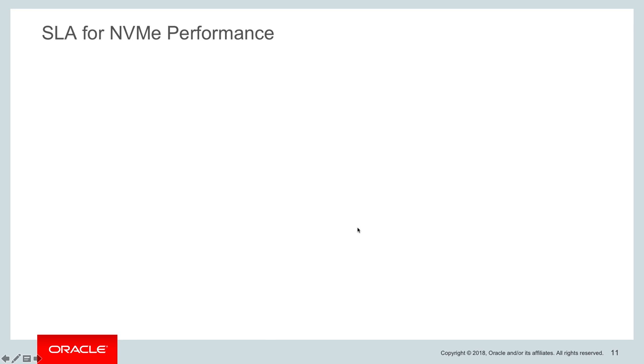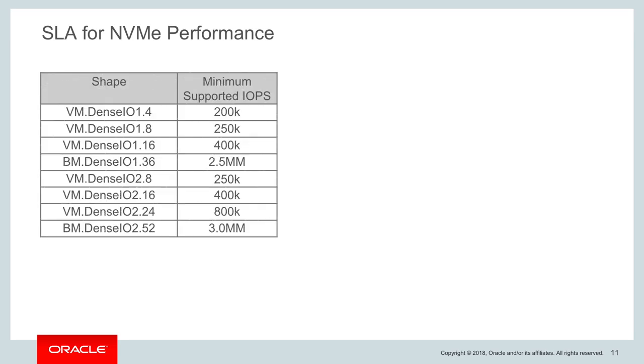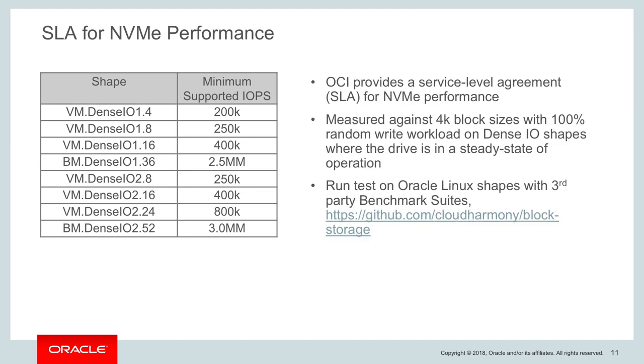As performance is a big concern for us and a big thing that we want to highlight in Oracle Cloud Infrastructure, we actually have an SLA for NVMe performance. For all the dense I/O shapes that I mentioned, we have a minimum supported IOPS that we can offer and cover under our SLA.